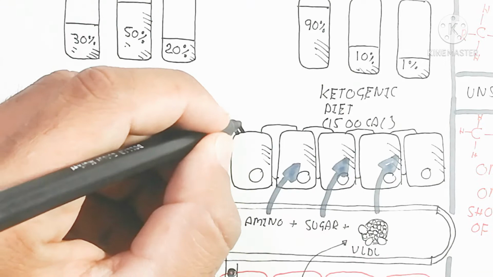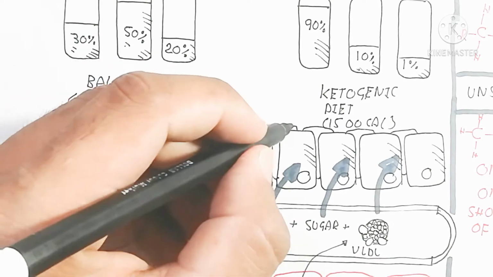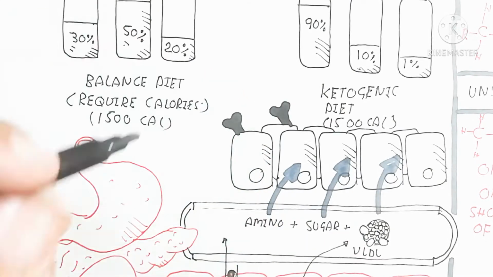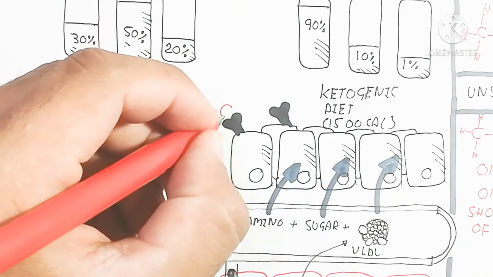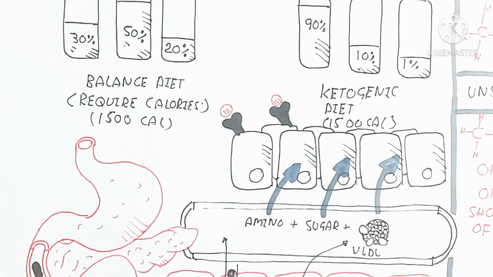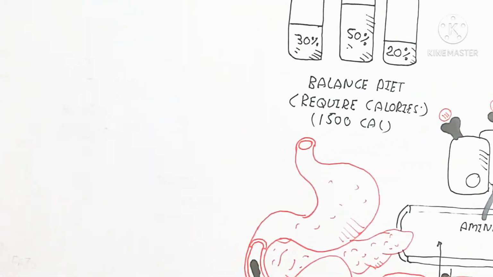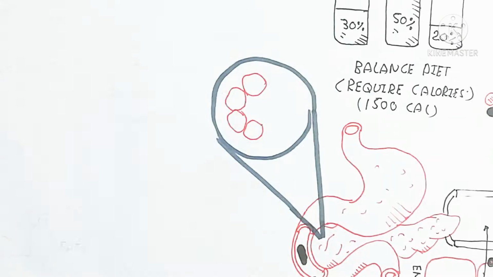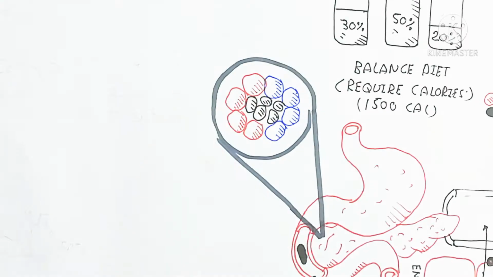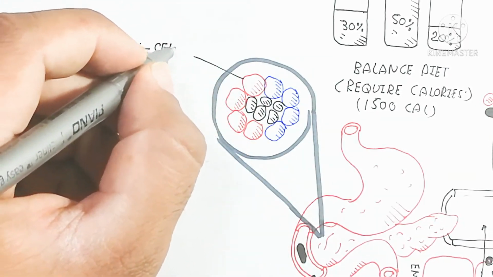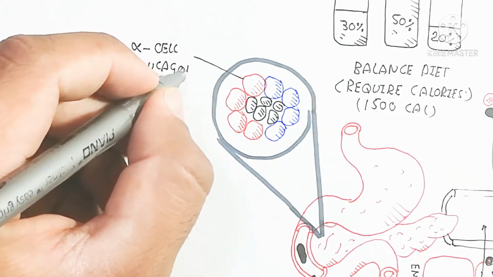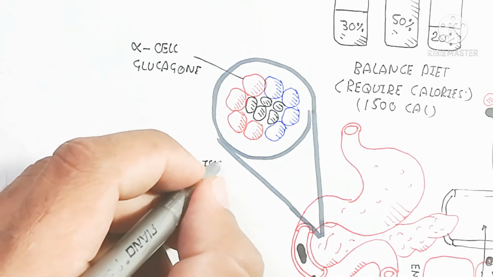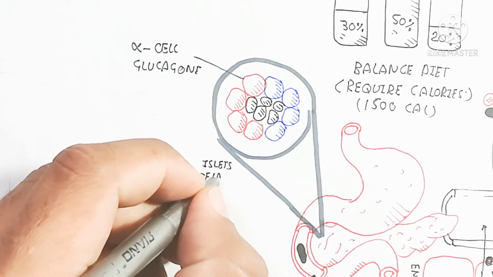It is important to note the receptor. Here we will discuss the balanced diet, with calories in the range of 1500 calories in both. I want to explain the whole mechanism for understanding the ketogenic diet.